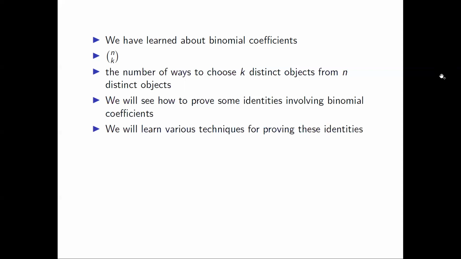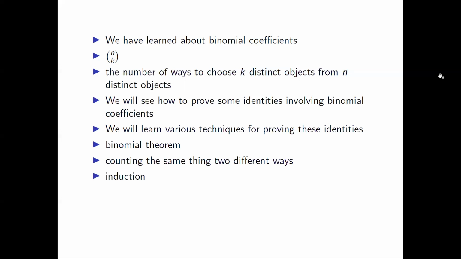So some of the techniques that we'll see for proving identities. One of them is the binomial theorem. We'll see that in the video today. We'll prove that. Another technique, something new that we haven't done before, is what I'll call counting the same thing two different ways.